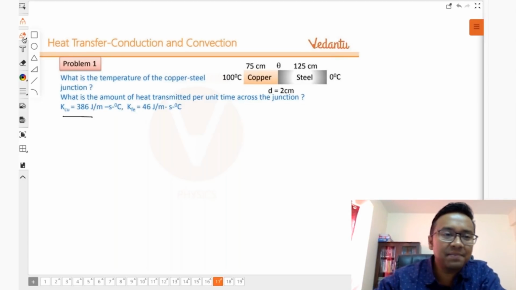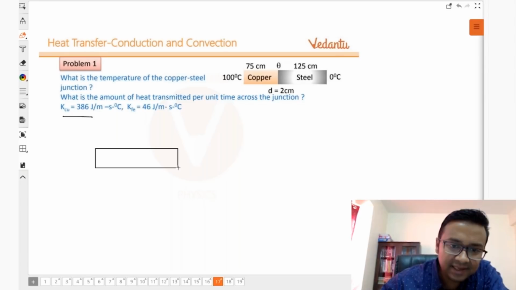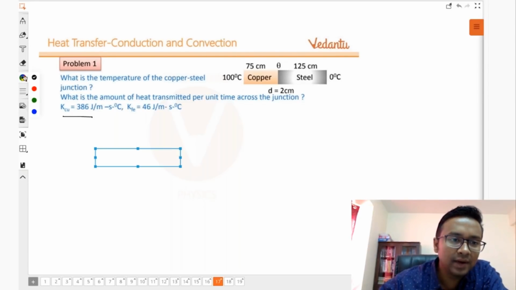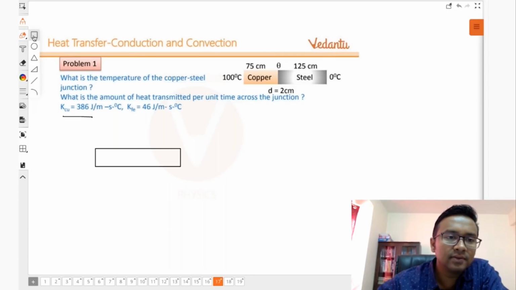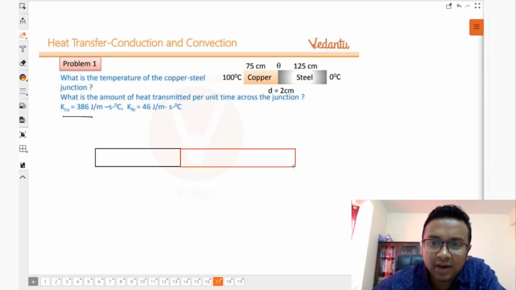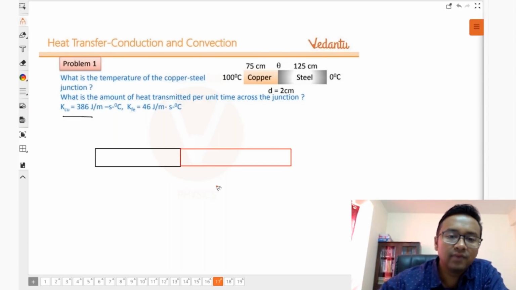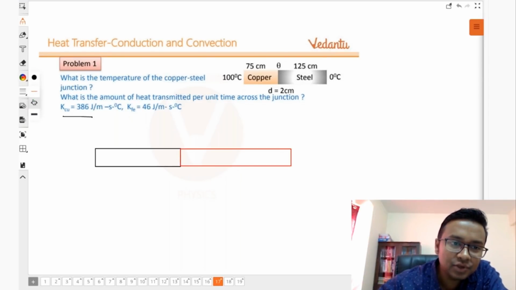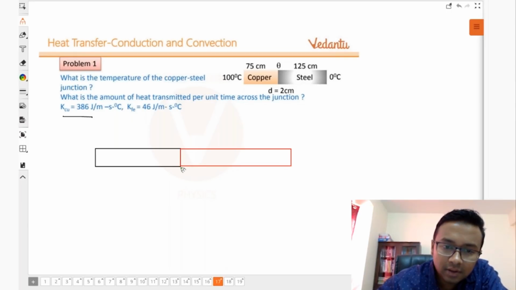The concept is what, my dear students? Let us understand that. There are two conductors, and we need to find out the temperature here at the junction.